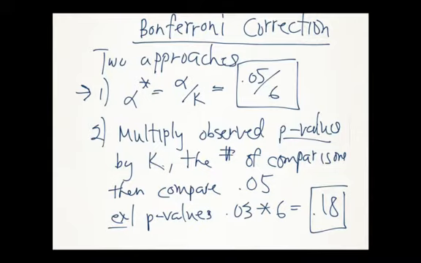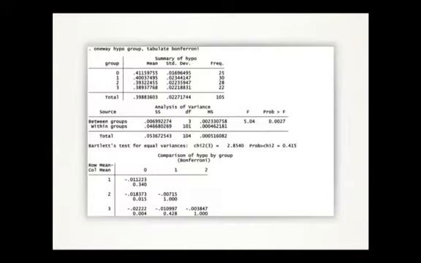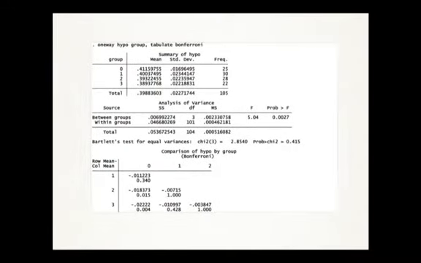So what does this look like in STATA? Here is the result. You can see here I've used this command called oneway. Hypo is the outcome variable, the continuous outcome or dependent variable. Group is the categorical predictor or covariate, and then bonferroni tells STATA that we want to do this Bonferroni test for multiple comparisons.